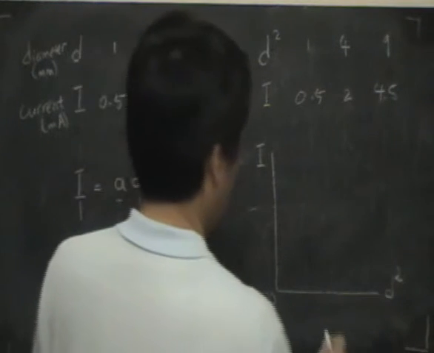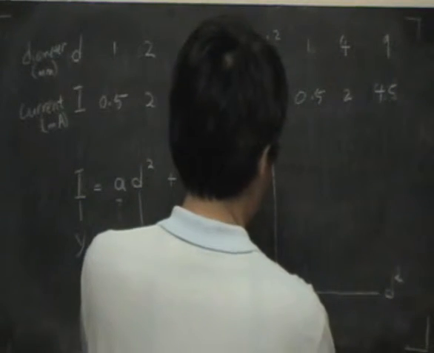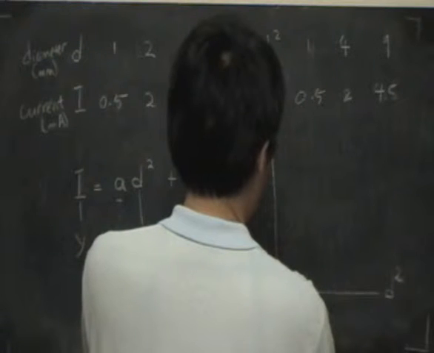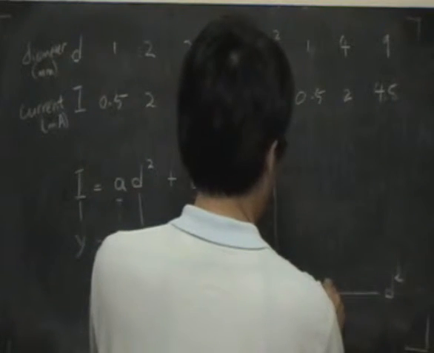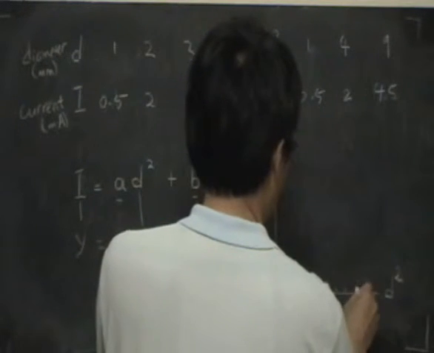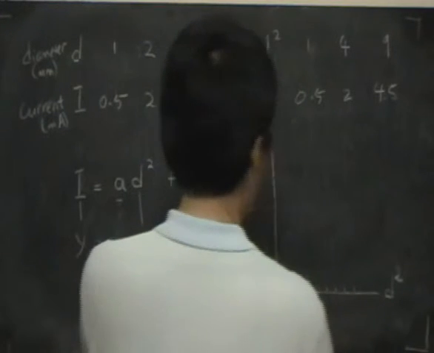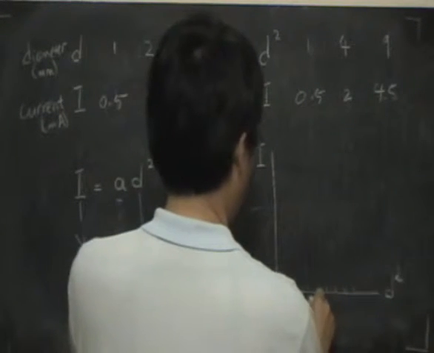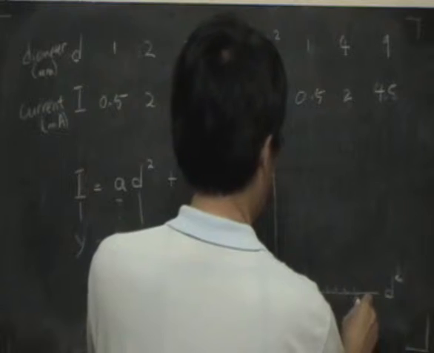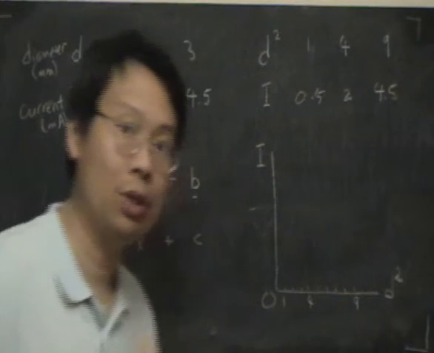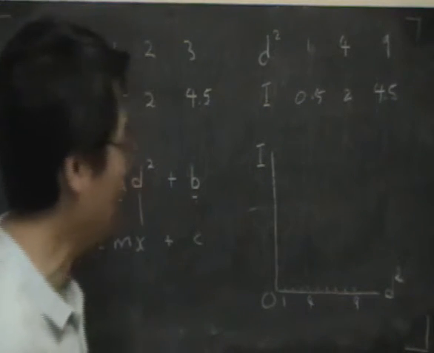So let me do some quick markings. So that could be 1, 2, 3, 4, 5, 6, 7, 8, 9. So I'm doing this very quickly and very roughly.